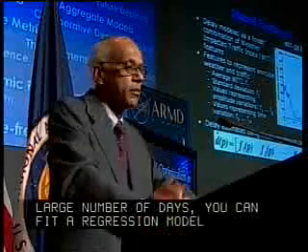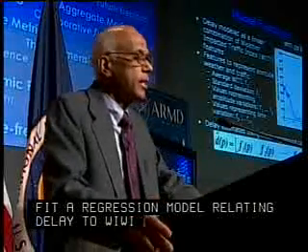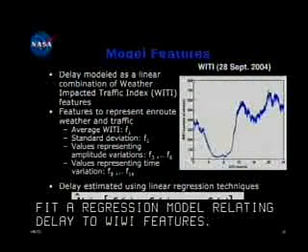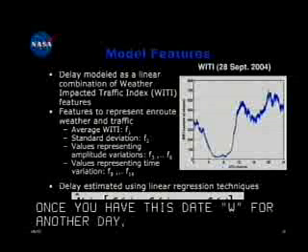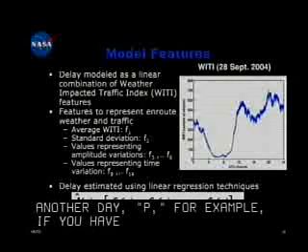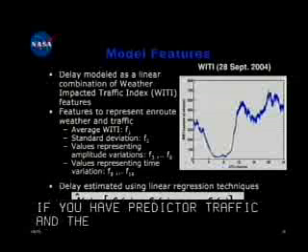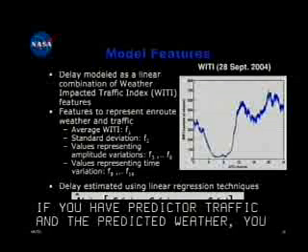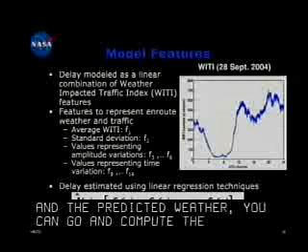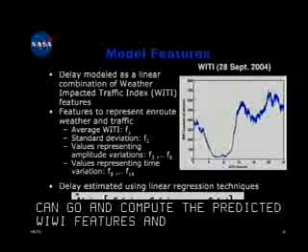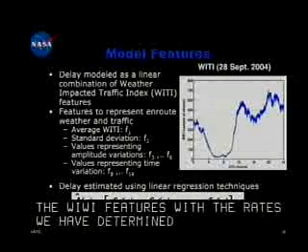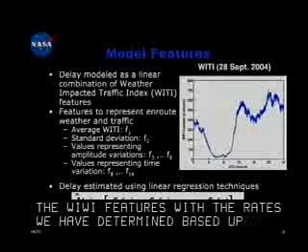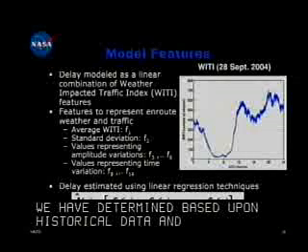Once you have this weight W, then for another day, P for example, if you have the predicted traffic and the predicted weather, you can compute the predicted WITI features, and multiplying the WITI features with the weights which we have determined based upon historical data and linear regression techniques, you can estimate the delay for day P.